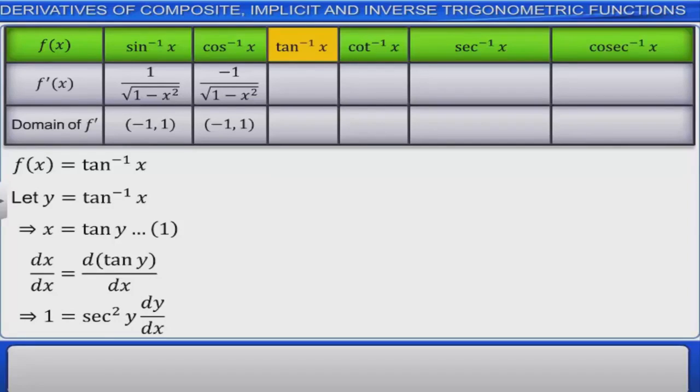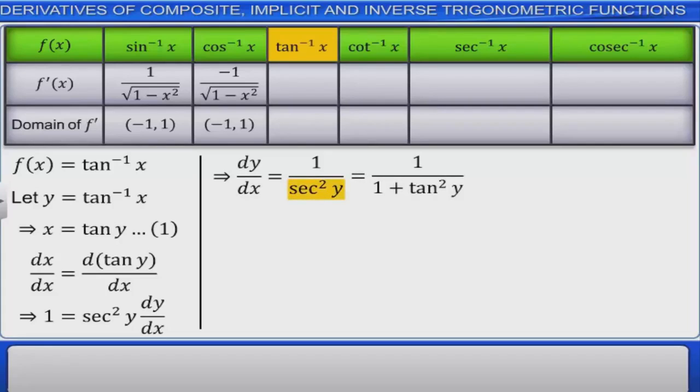Let's write sec squared y is equal to 1 plus tan squared y. On replacing tan y with x, we get 1 divided by 1 plus x squared. Therefore, dy by dx is equal to 1 divided by 1 plus x squared.